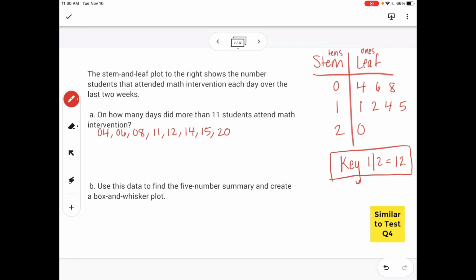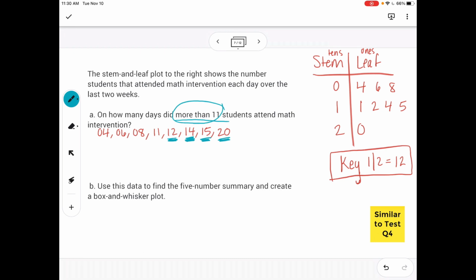So if this question asks us on how many days did more than 11 students attend math intervention, all we would have to do is find the ones that are more than 11. So we have 12, we have 14, we have 15, and we have 20. Those are all more than 11. Would 11 be considered here?